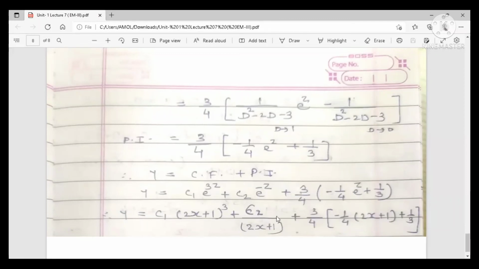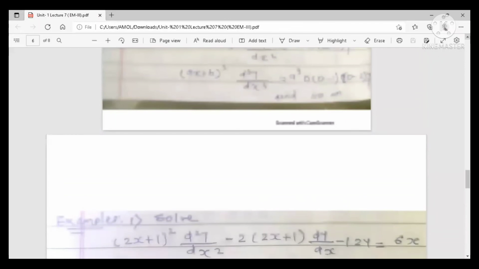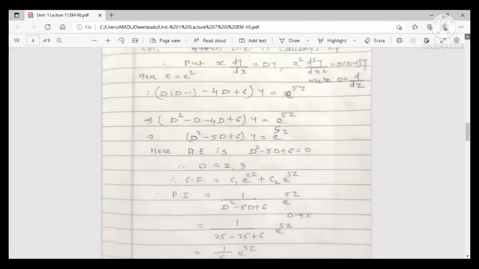Similarly, you have to replace the terms of z by the substitution, in terms of x. In Cauchy's equation also, we have solved one example. In that equation also, you have to replace at the last step.